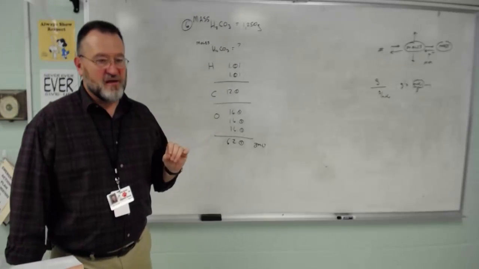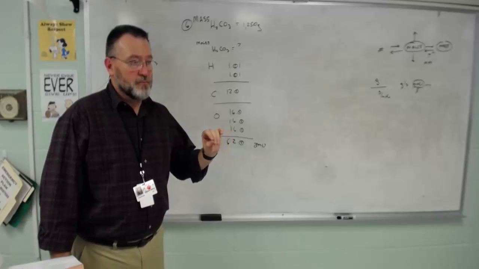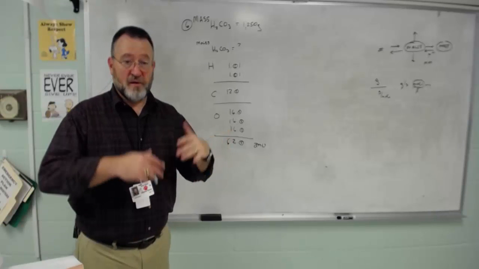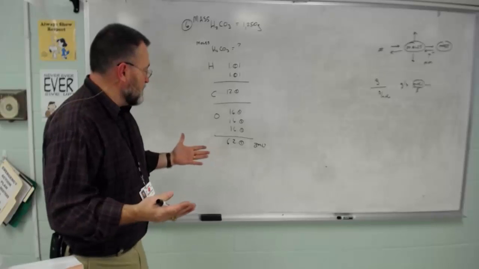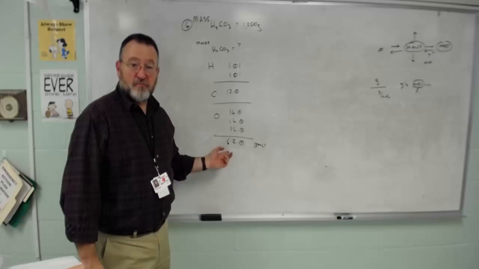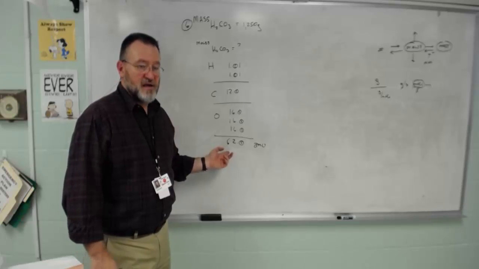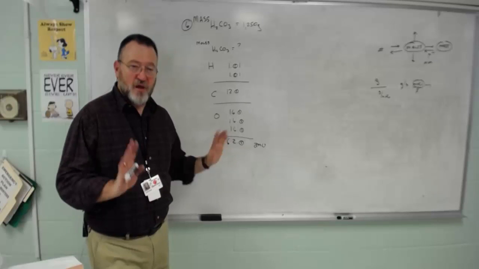The molar mass is the mass of 1 mole. So my procedural step here is, I know the mass of 1 molecule. What is the mass of a mole? All we're going to do is keep the same number.